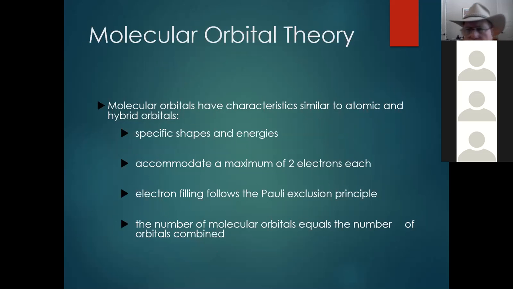They're similar to atomic and hybrid orbitals. They have specific shapes and energies. Each orbital can accommodate 2 electrons. They fill according to the Pauli and Hund rules, and the number of molecular orbitals equals the number of orbitals that are combined.